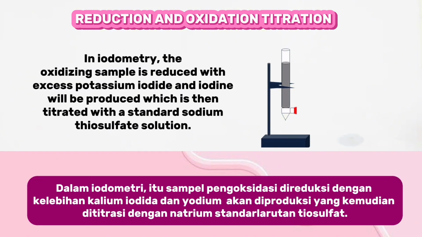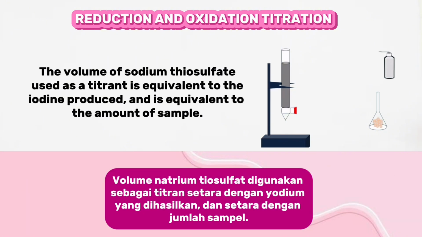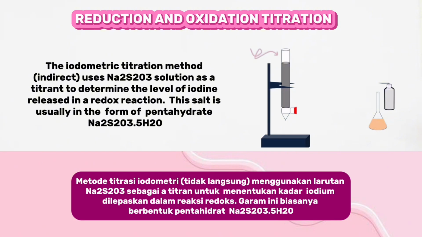In iodometry, the oxidizing sample is reduced with excess potassium iodide, and iodine will be produced, which is then titrated with a standard sodium thiosulfate solution. The volume of sodium thiosulfate used as titrant is equivalent to the iodine produced and is equivalent to the amount of sample.